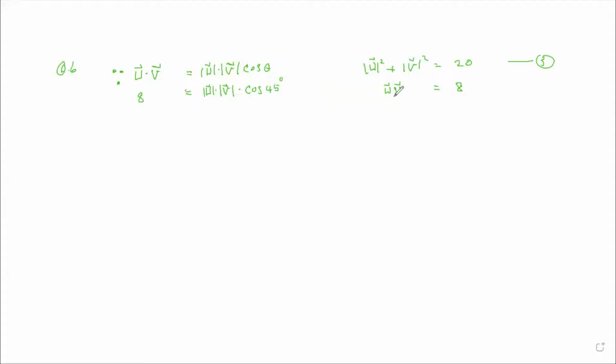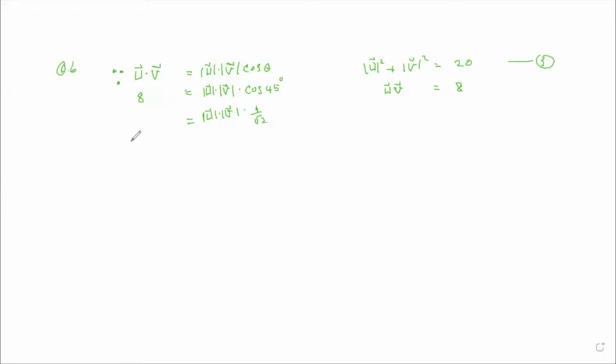They have vector u meets vector v at 45 degrees, so we just replace theta equal to 45. Then we have the length of vector u times the length of vector v times cosine 45, which is 1 over square root 2.